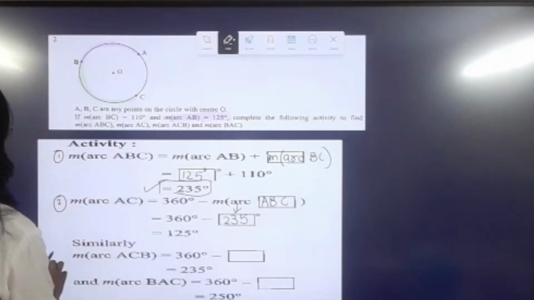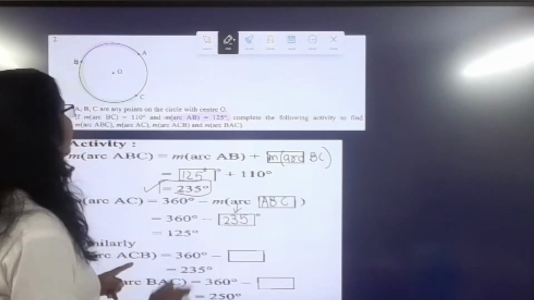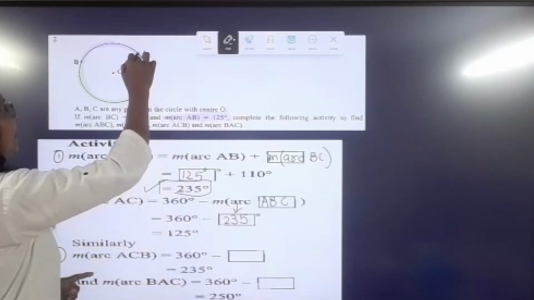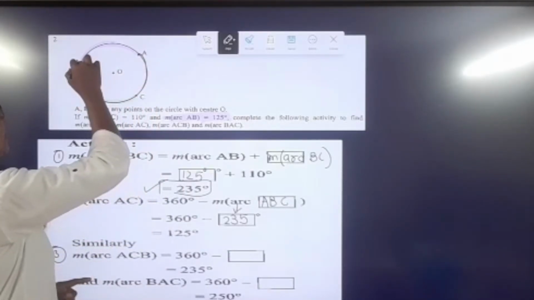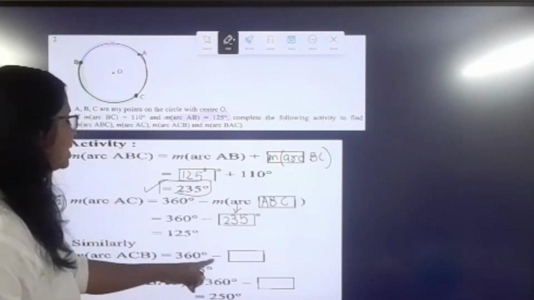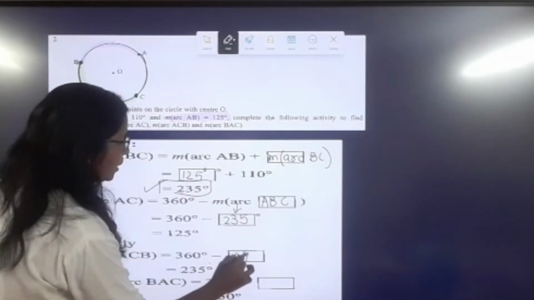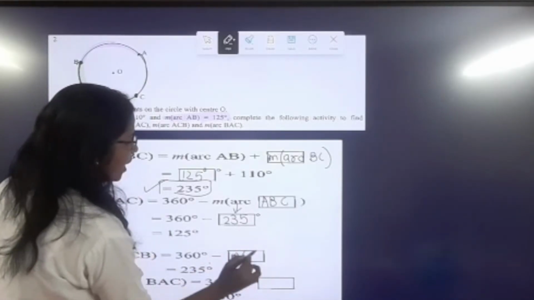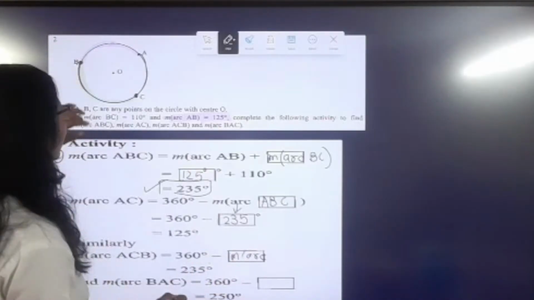Now the third part, students. That third part is major arc ACB. See here, major arc ACB. Now that is 360 minus major arc AB.